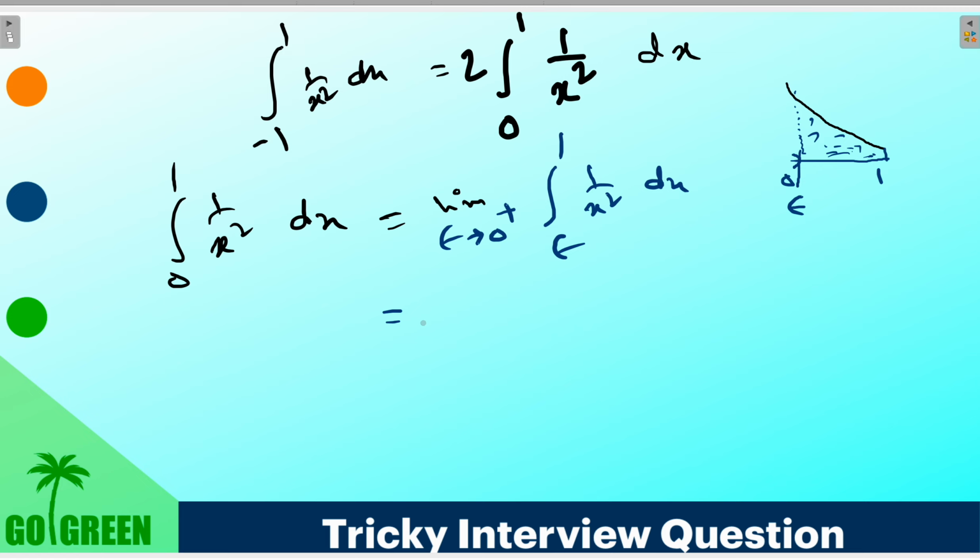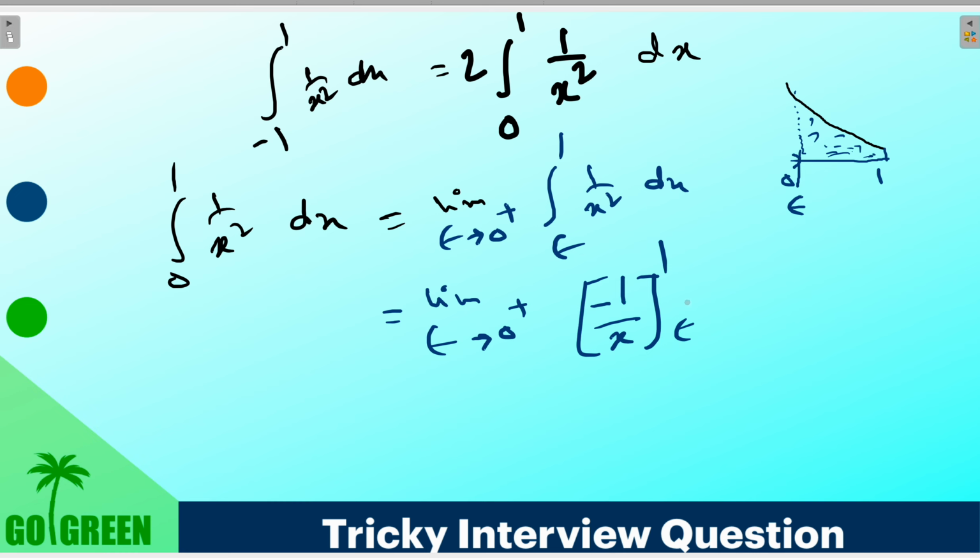What is this then? This is the limit as epsilon goes to 0 plus of the integral of 1 by x square, which is of course minus 1 by x, from epsilon to 1. Over epsilon to 1, as long as we have excluded 0, there is no problem with the function, and it is perfectly integrable.